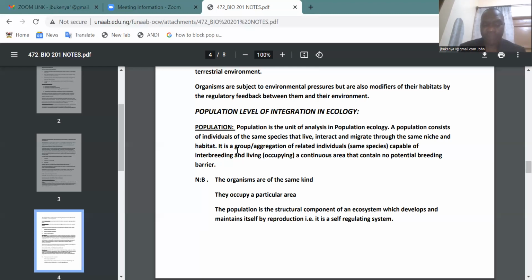So in this case, we are defining the term carrying capacity as that optimum population size or level that can be effectively supported by environmental resources at any time.